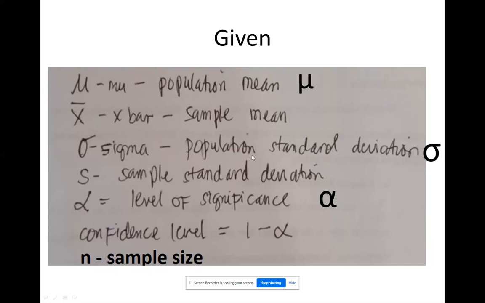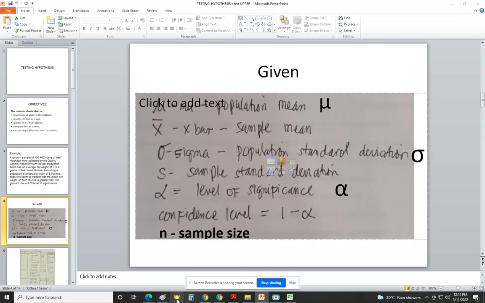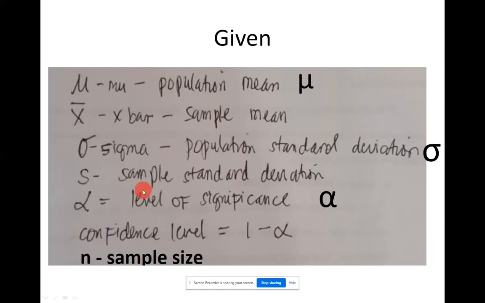Okay? If you will see in the problem standard deviation population, use this symbol, or this computer na symbol, no? I will just use my highlighter para makita nyo. Okay?